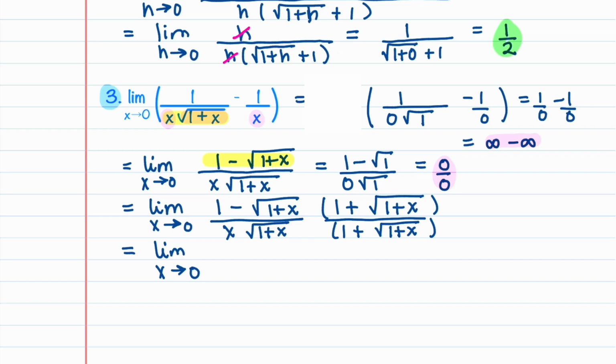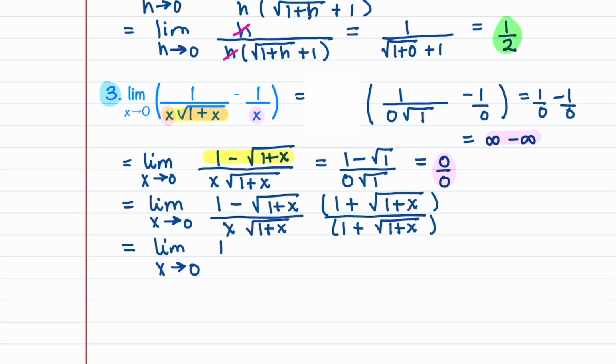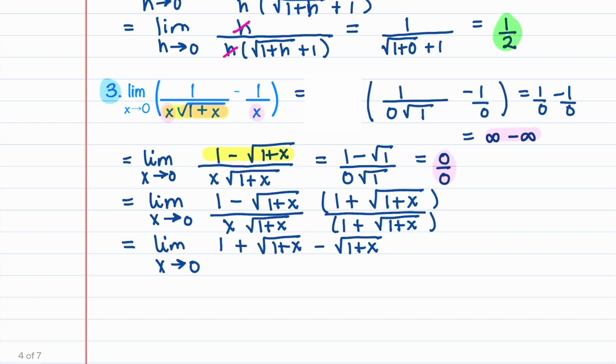Let's multiply out our top. We'll use the FOIL method. We'll multiply the first, which is 1. We'll multiply the outer terms, which gives us a plus square root 1 plus x. We'll multiply the inner terms, which is minus square root of 1 plus x. And then the last terms, which gives us a minus, and then the square roots combine to be a 1 plus x.